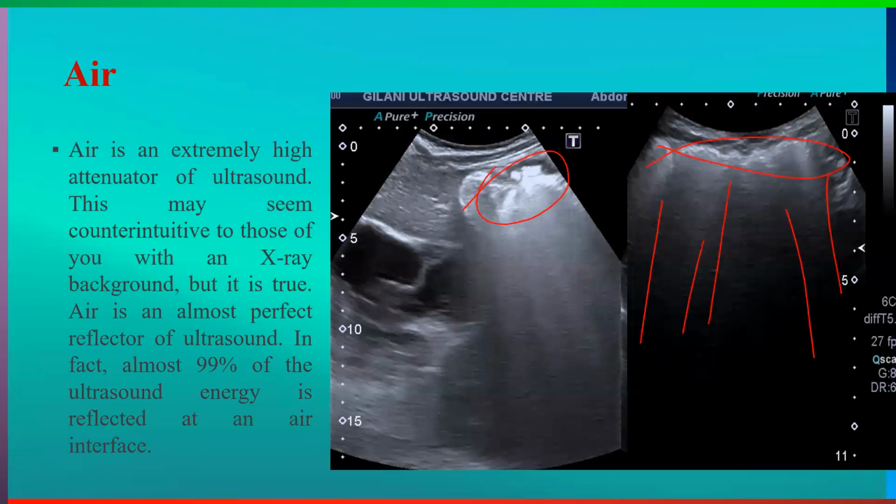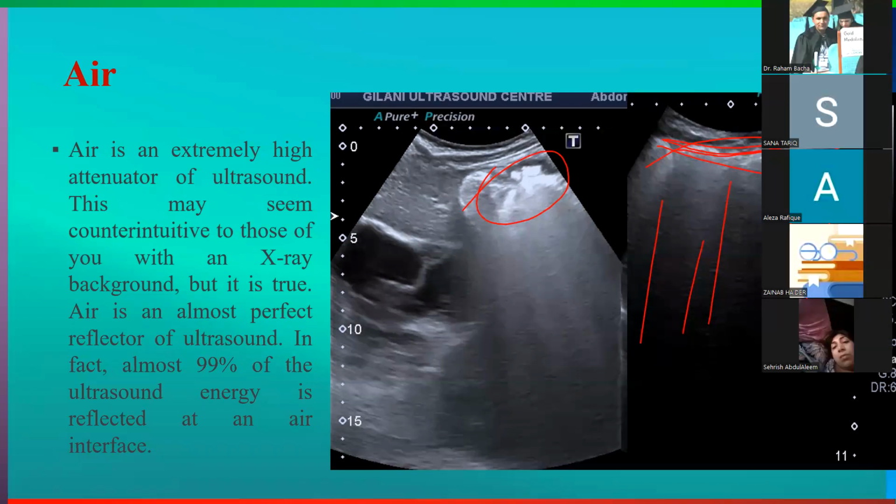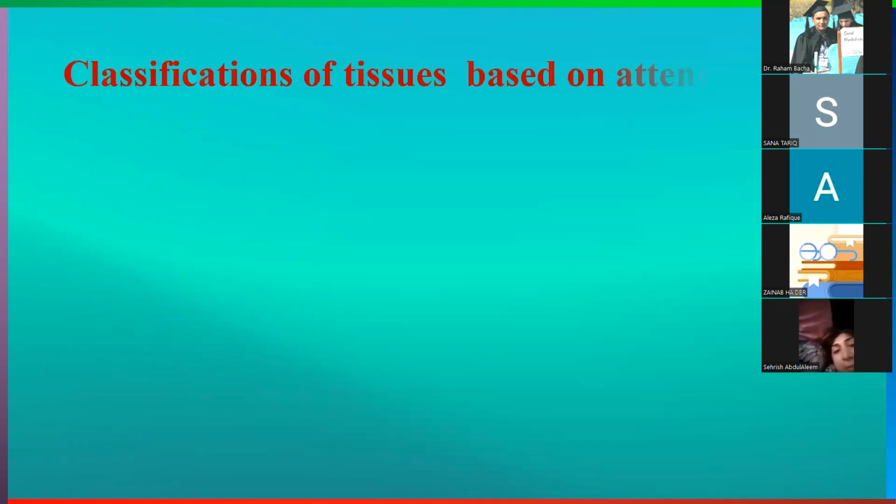Much of the sound wave will be reflected from the superficial reflector between the soft tissue and the air. So the interface between the soft tissue and air will be strong enough, and much more sound wave will be reflected back from that reflector, and the sound waves which are entering the air will be absorbed, right?